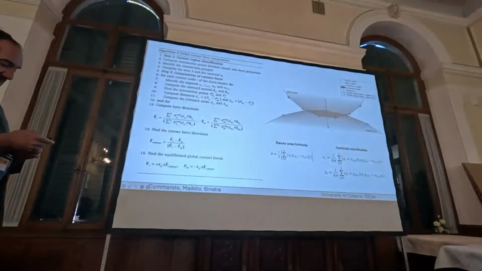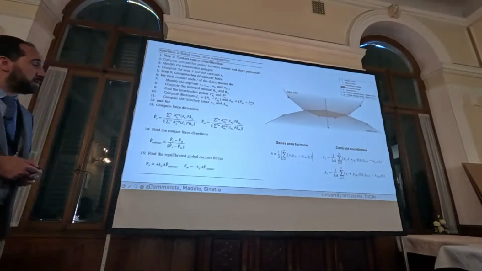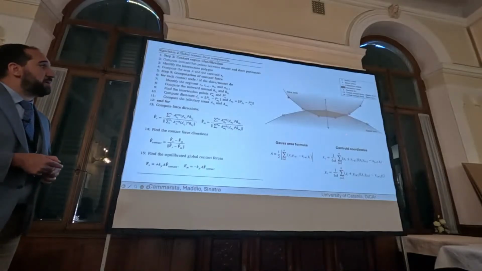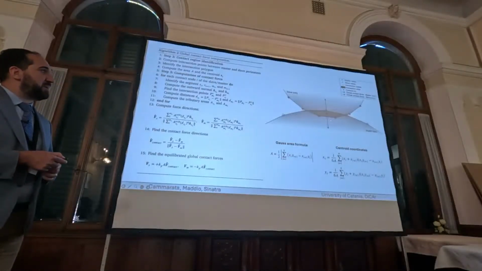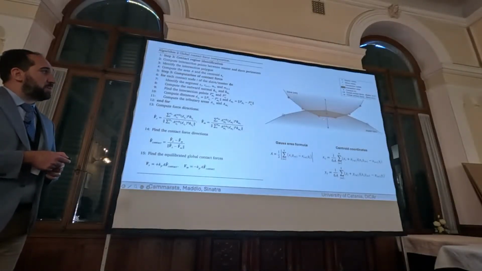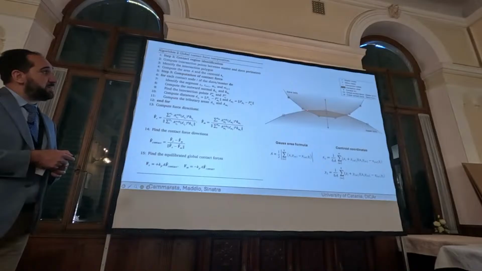After this part, we are able to calculate the area using a simple Gauss formula, by means of the coordinates of the points of the overlapping area. And in this process, we also include the intersection points.